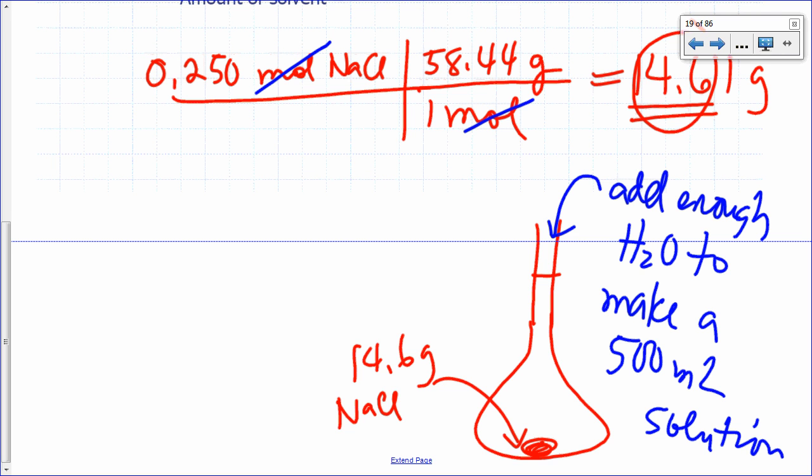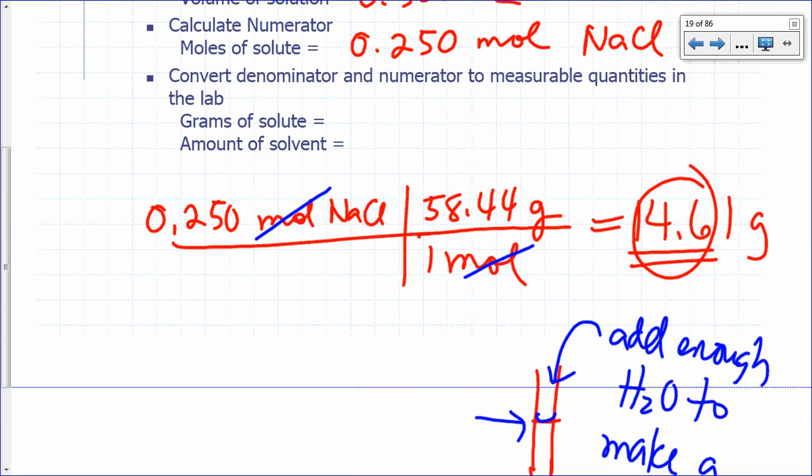I'm going to use a volumetric flask that has a 500 ml capacity. If I bring my water level up to that mark, I know that I have a total volume of 500 mils. So grams of solute here is 14.6 grams. The amount of solvent here is not 500 mils of water, it's enough to bring the total volume to 500 mils.